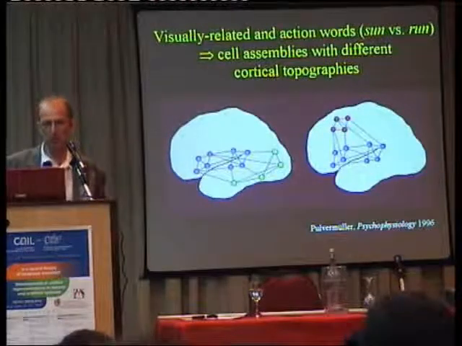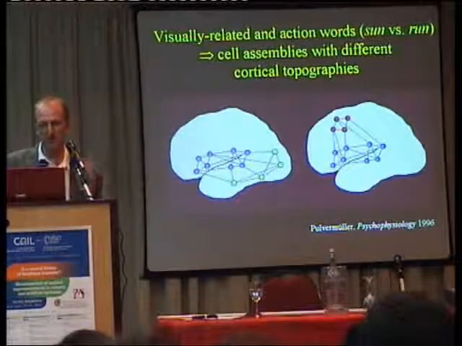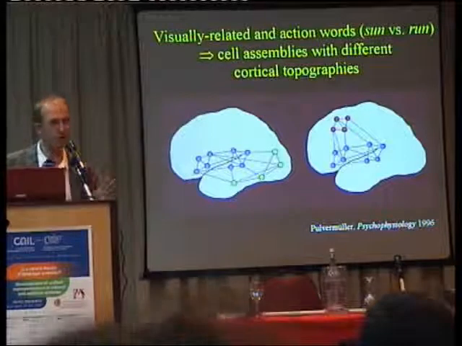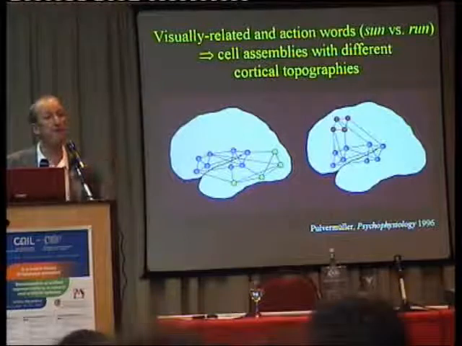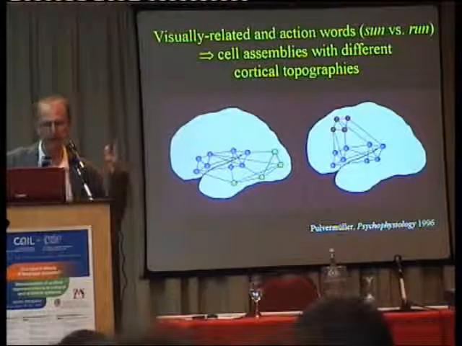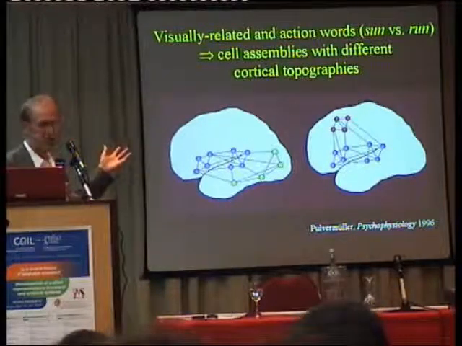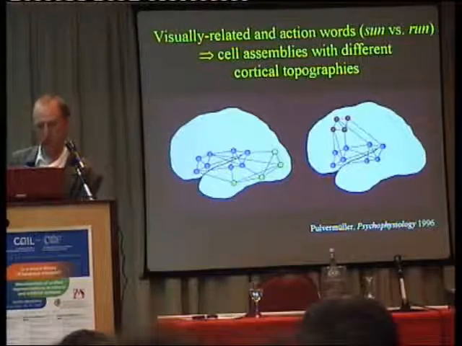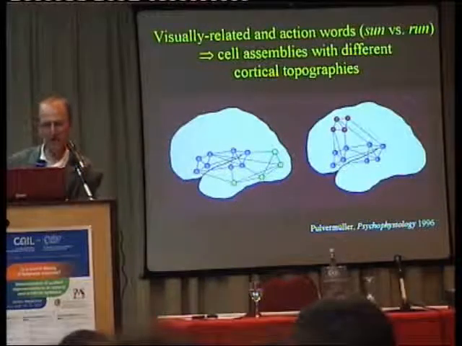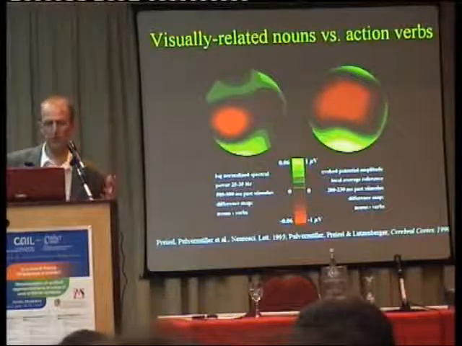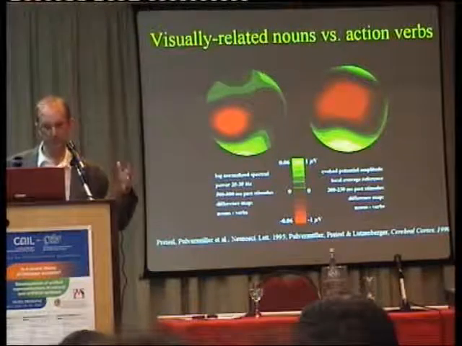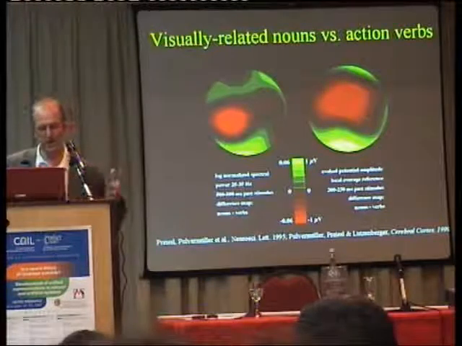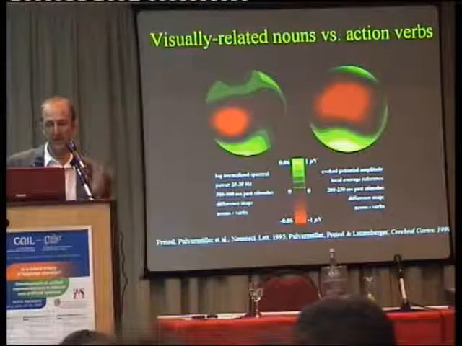But to make a long story short, we would predict that there are different semantic kinds of words. Their brain correlates would have different distributions over the brain. There are visually related words here on the left, action-related words on the right, and we could see category differences. And there had been an outbreak of work in that direction in the mid-90s and late 90s.